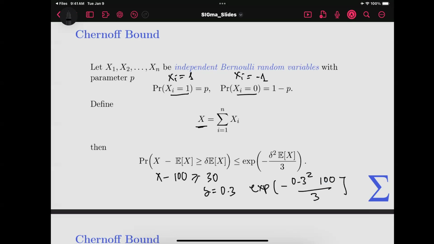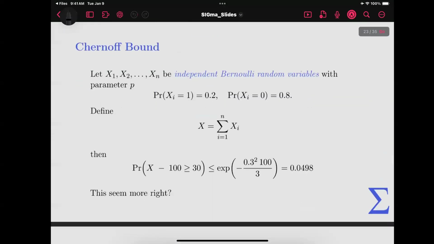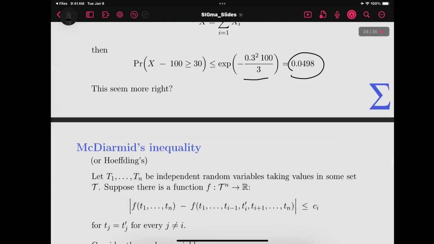When you do the math, it equals 0.04. So our chance of passing the test is literally just 4%, compared to the bound we stated before, which was 75%. This is so much more effective.